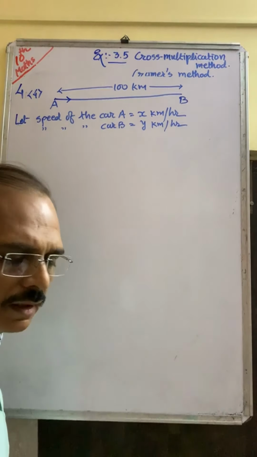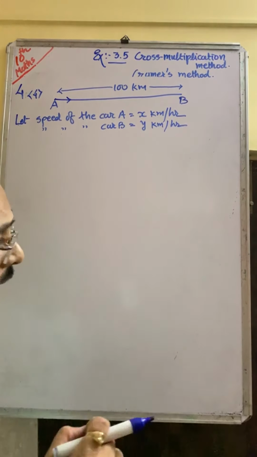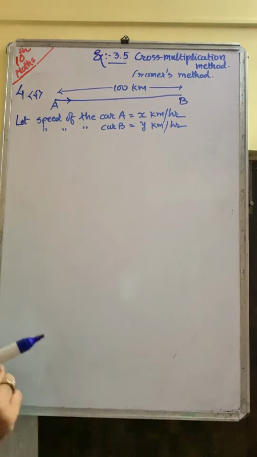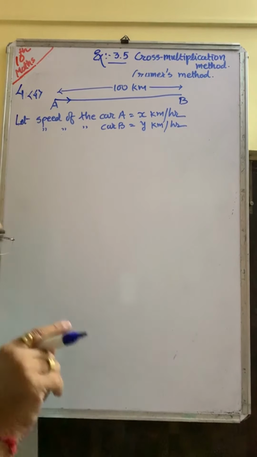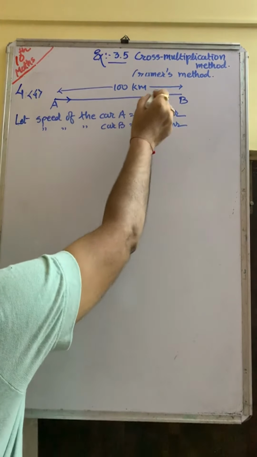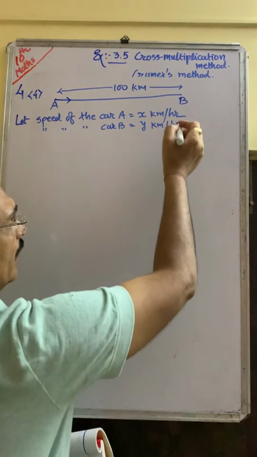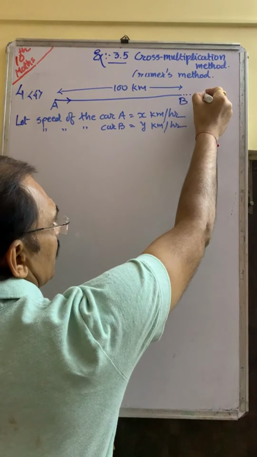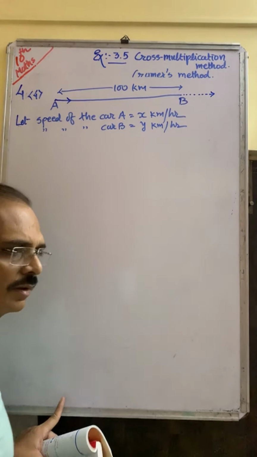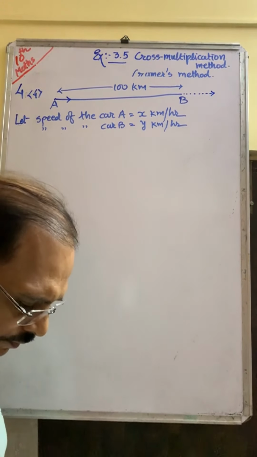See, the statement is what? Car A starts from point A, moves in this direction. At the same time, car B starts with different speed but moves in the same direction, means it moves in this direction.